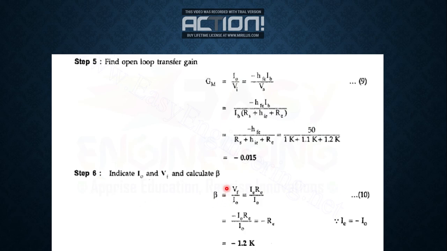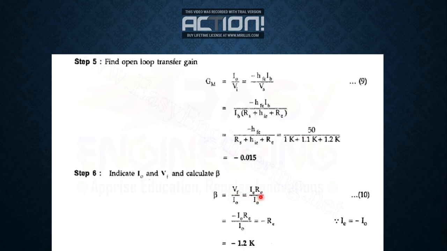Now we are going to do step 6, which is calculating beta. That is the feedback gain. Feedback gain is nothing but Vf by I naught. The input to the feedback is I naught, and the output from the feedback is Vf. The feedback should give output as voltage and take input as current, that is I naught.